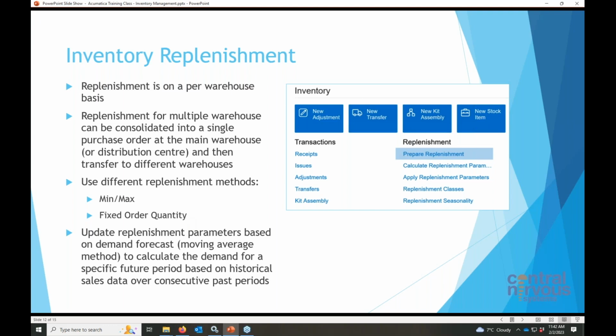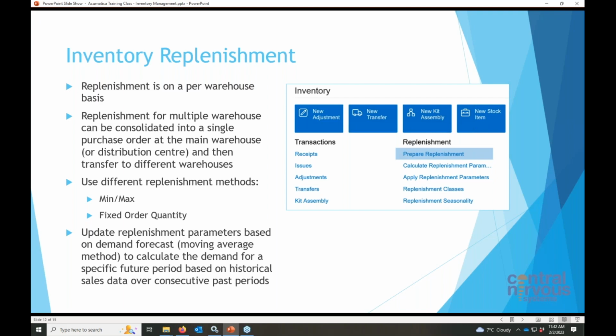So updating your replenishment parameters, updating those mins and those fixed order quantities, is really based on demand forecasts. It's a moving average method to calculate the demand for a specific future period based on historical sales. So, we're into February now.